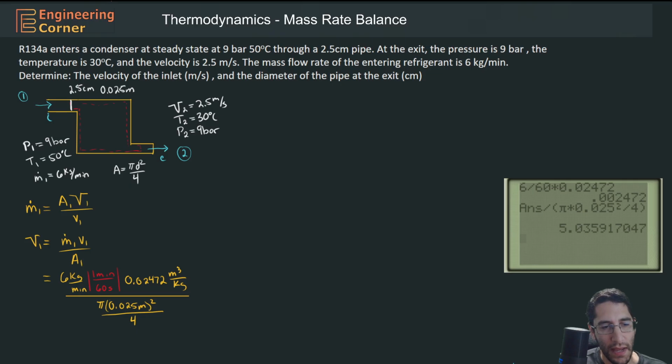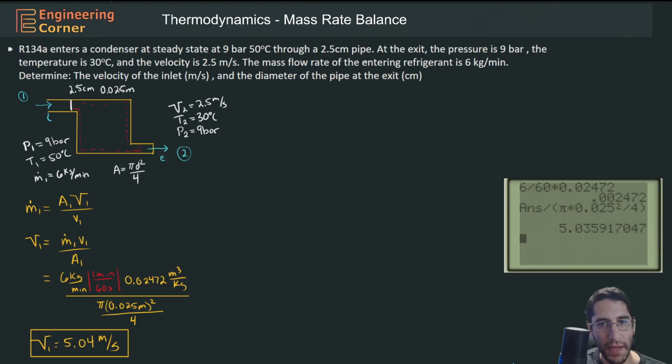Okay, so I get a velocity V1 is equal to 5.04 meters per second. Okay, so that's part A.